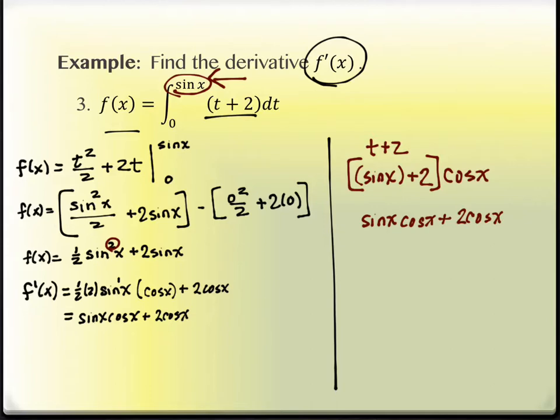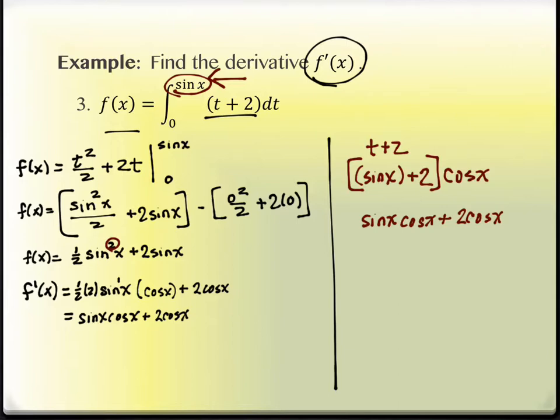And if you compare, the part that's in red is a lot less writing. That's the only caveat: if my upper function is not just x, after I do the substitution I have to multiply by the derivative of that upper function. Does that make sense? The reason is that it embeds a chain rule. That's where this cosine of x came from.